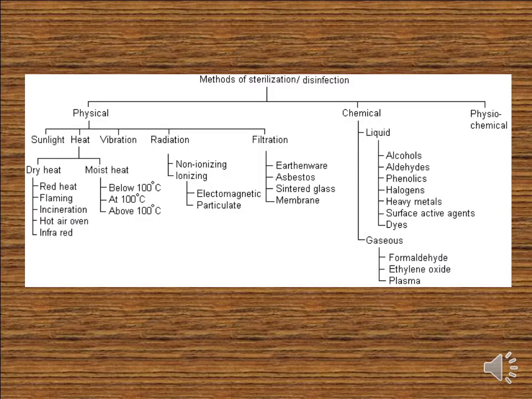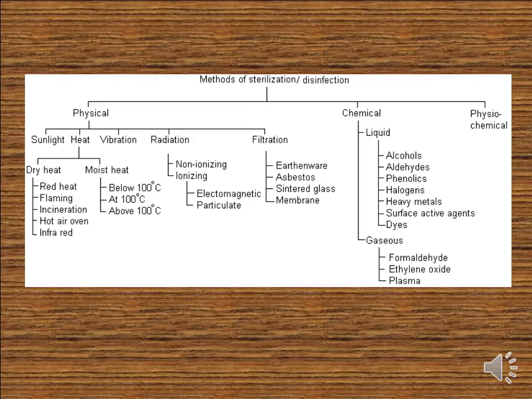This figure shows the methods of sterilization or disinfection. We have three parts: physical, chemical, physico-chemical. The physical is divided into sunlight, heat, vibration, radiation, and filtration. The heat is divided into dry heat and moist heat. The dry heat has red heat, flaming, incineration, hot air oven, infrared.